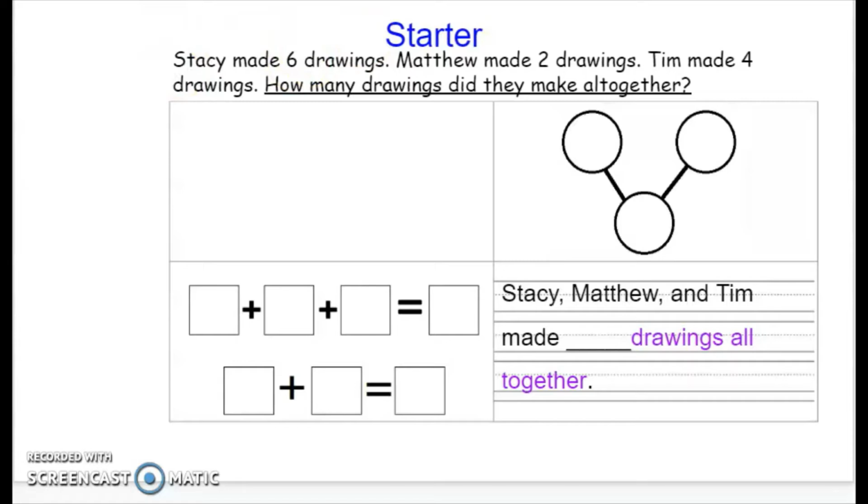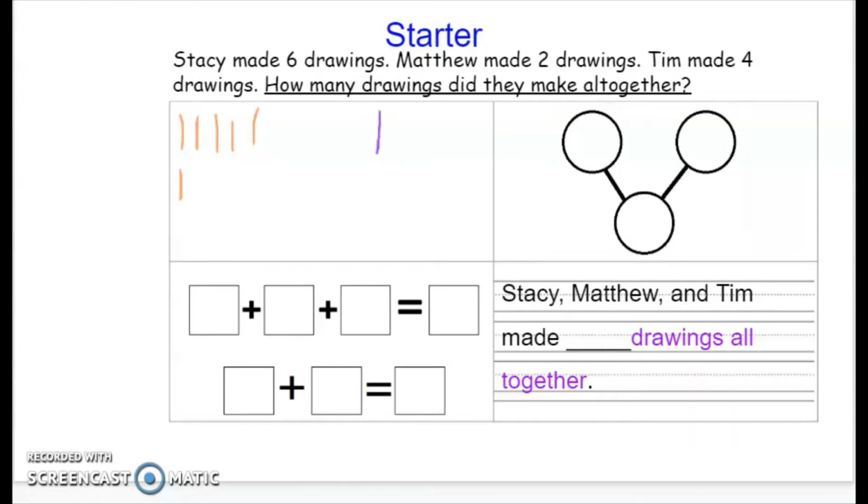Stacy made 6 drawings. Let's go ahead and draw 6 and set it up using our 5 groups. Count with me. 1, 2, 3, 4, 5, 6. Great. Matthew made 2 drawings.